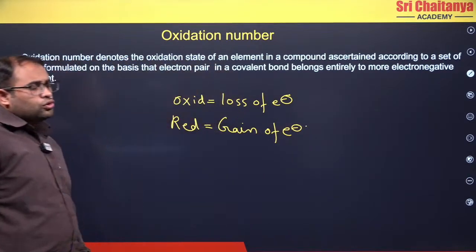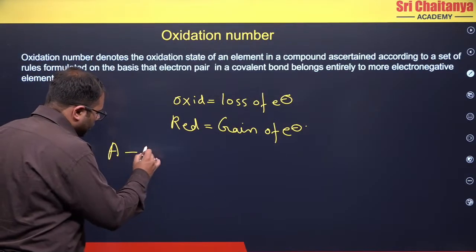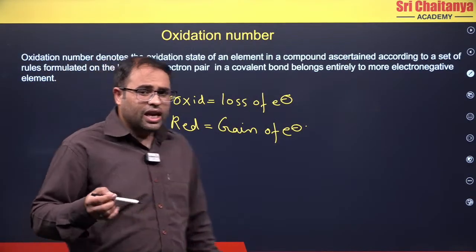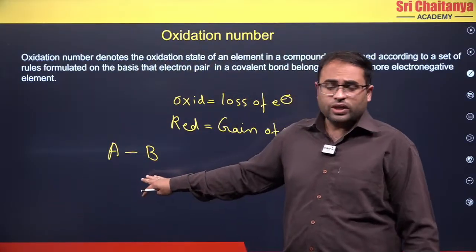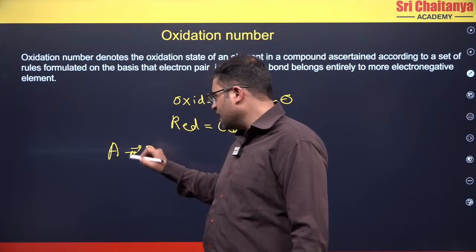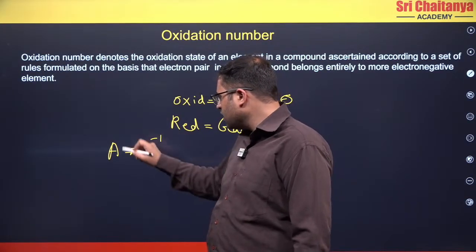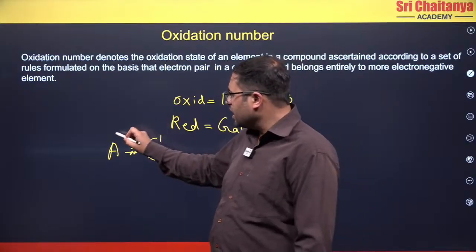right? So what we do is we take a compound, a covalent compound, mostly. If B is more electronegative than A, then B pulls these electron shared pairs towards itself, right? And gets a number of -1. And because A donates, it gets a number of +1.